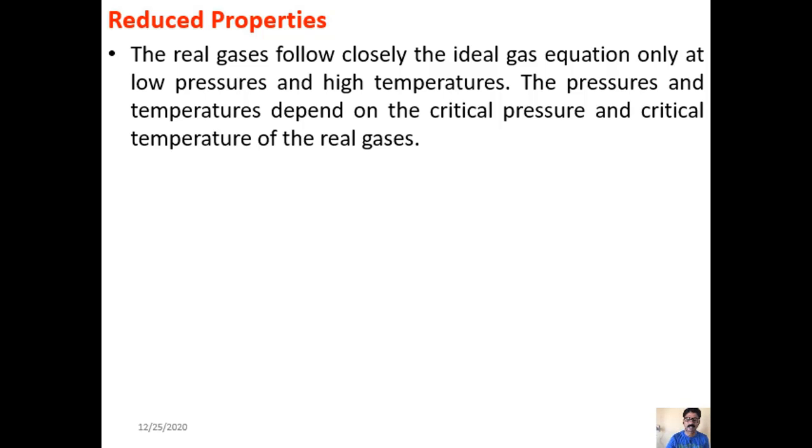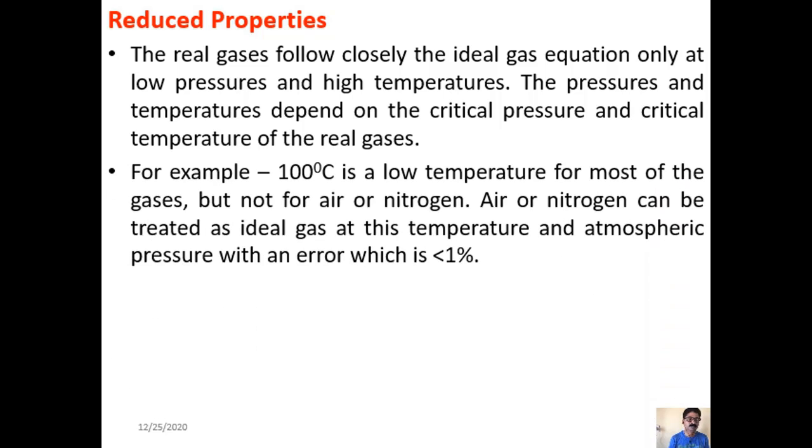So let me explain by taking an example. If I take minus 100 degrees Celsius, which all of us usually consider a very low temperature, and it's true, this is a low temperature for most of the gases, but not for air or nitrogen. Why?